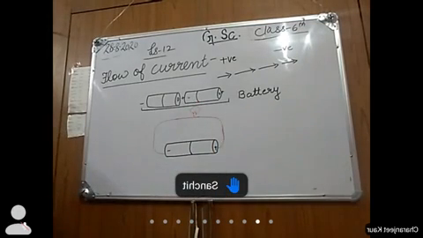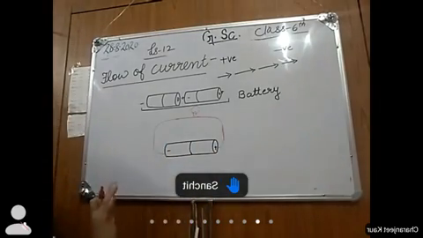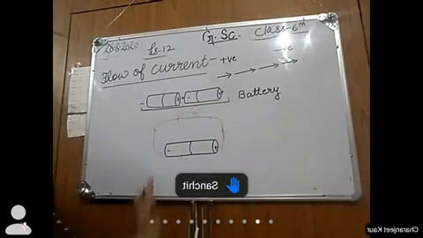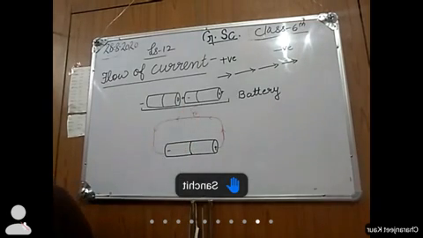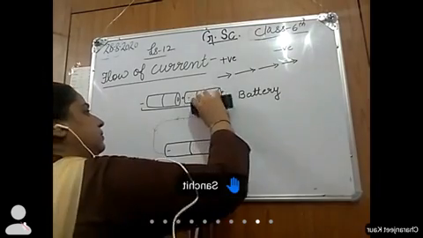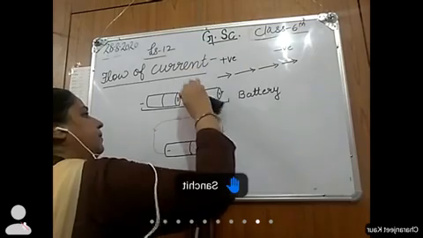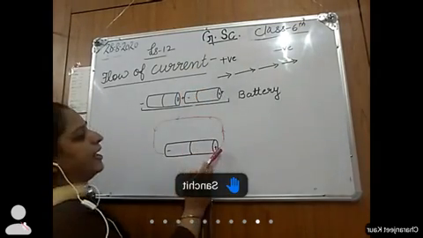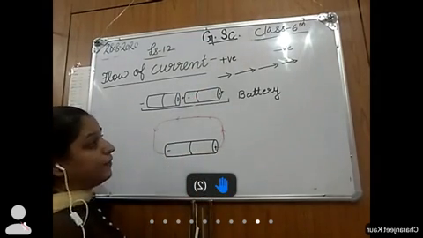What will happen? If I join the two terminals of the cell with a wire, current will flow, undoubtedly. The bulb is not joined. Look, I have erased the bulb. Now only the wire is there, joined to the two terminals. What will happen?